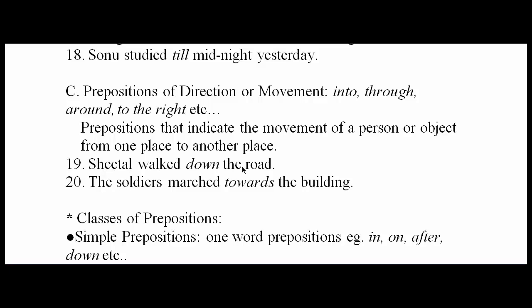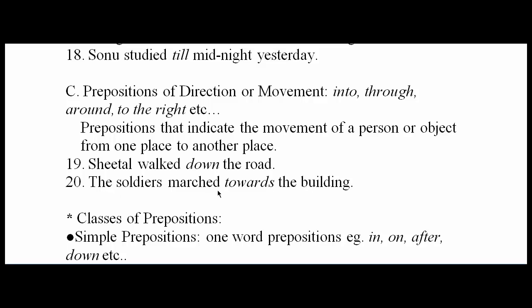It indicates the movement of a person or an object from one place to another, as well as direction. Walk down the road, not to the left or right of the road. Here it indicates down the road. The 20th example: the soldiers march towards the building.